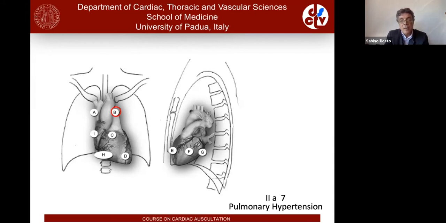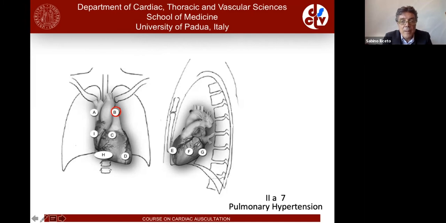The presence of increased pressure in the pulmonary artery can be appreciated on cardiac auscultation by the increased intensity of the second heart sound when we are using the stethoscope on B, that is the pulmonic area.